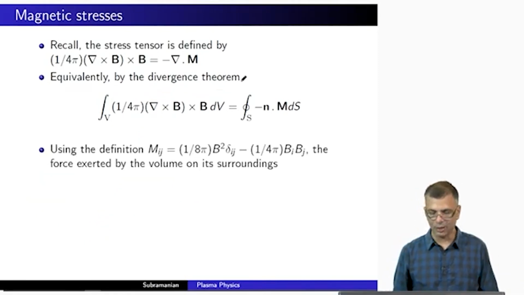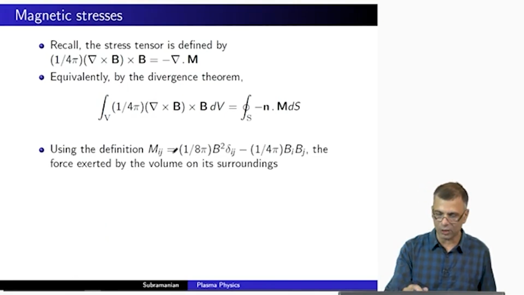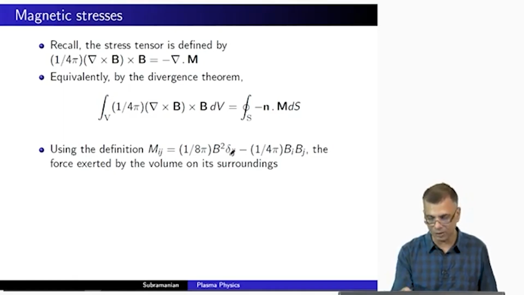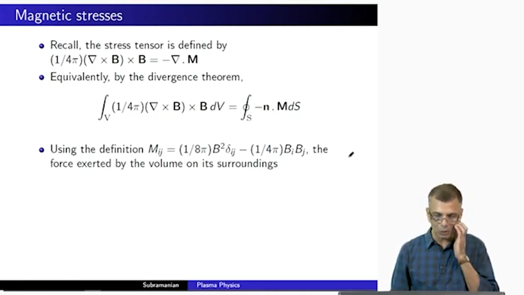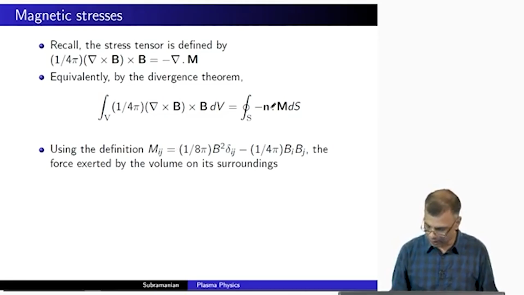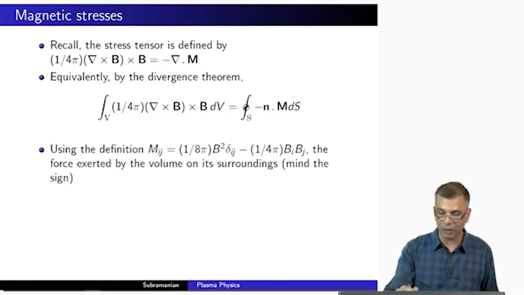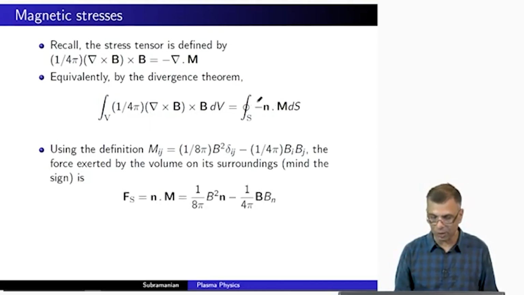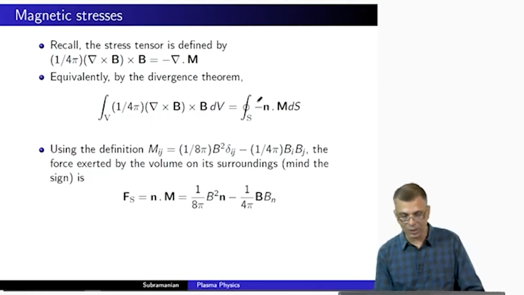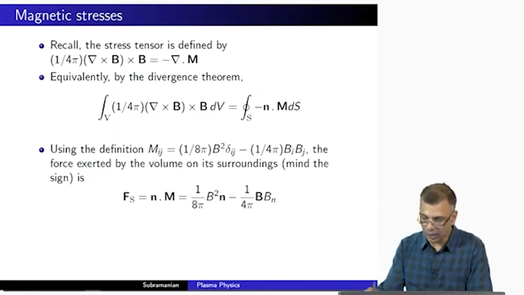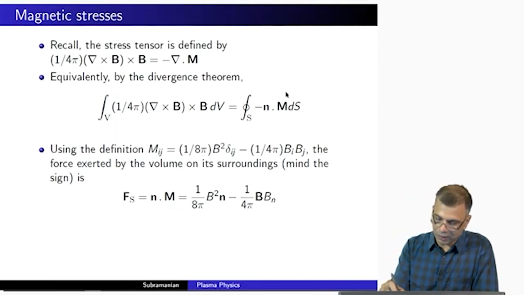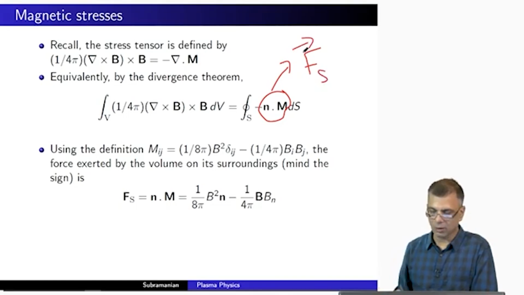Now, using the definition, the ijth component of M is this, and I use this definition in here. Mind the sign, the negative sign is very important. Now, this n dot M is essentially a force. Isn't it?